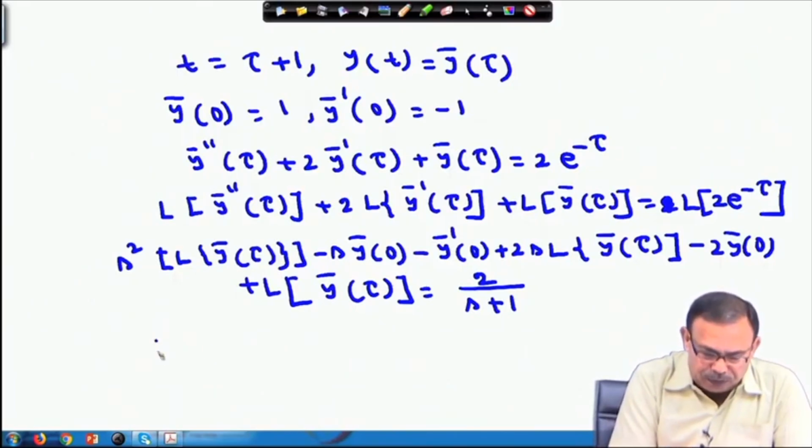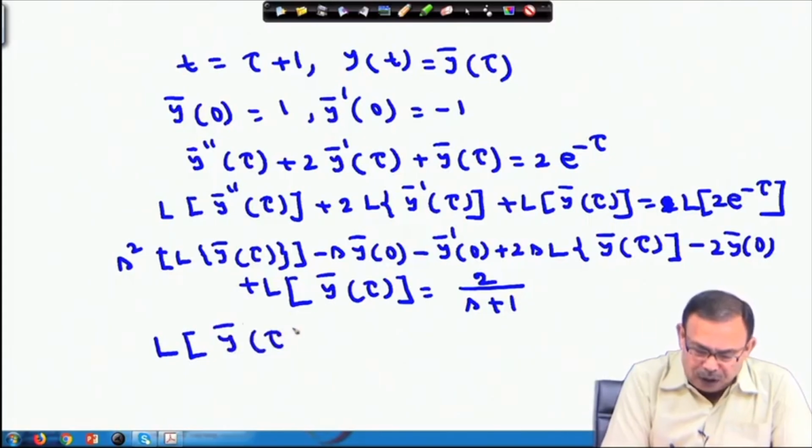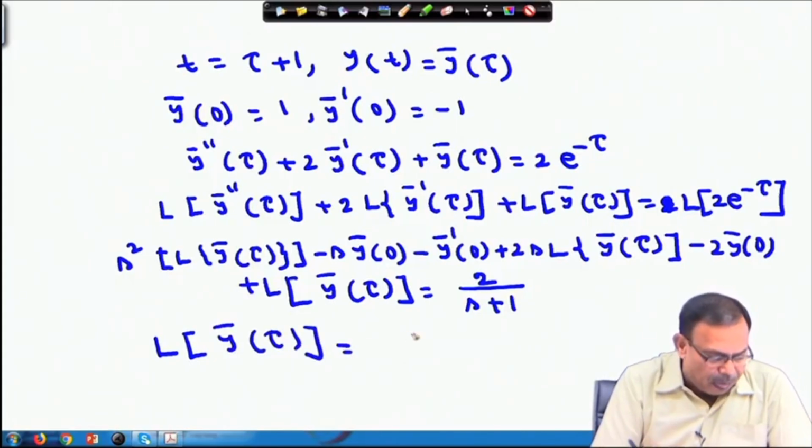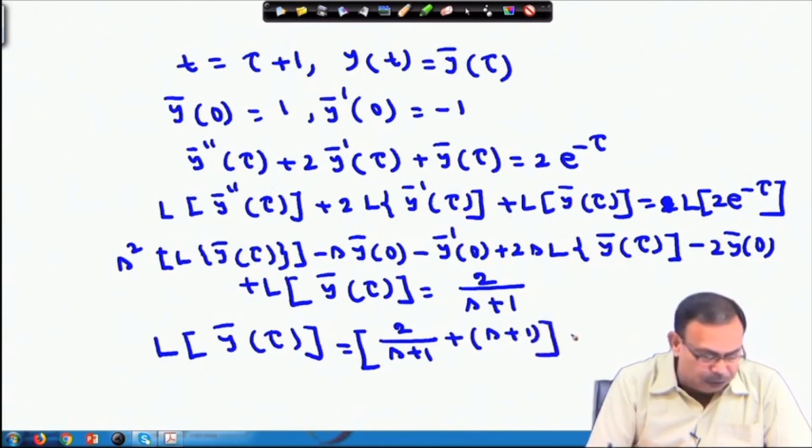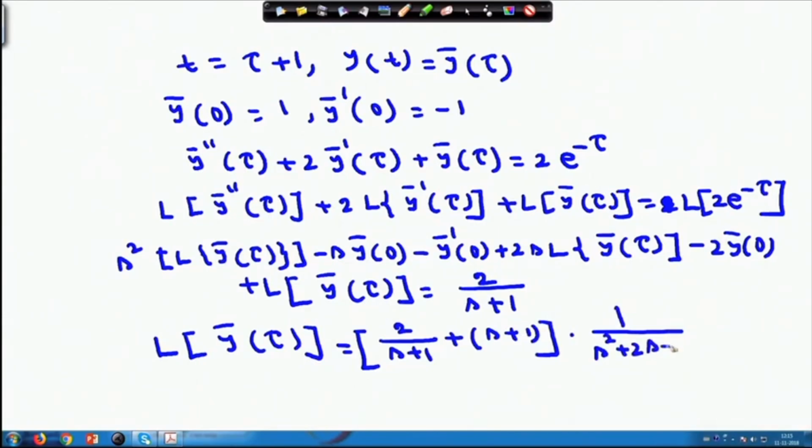Laplace transform of y bar tau, I am just skipping the steps here, you will obtain something like 2 by s plus 1 plus s plus 1 into 1 by s square plus twice s plus 1.